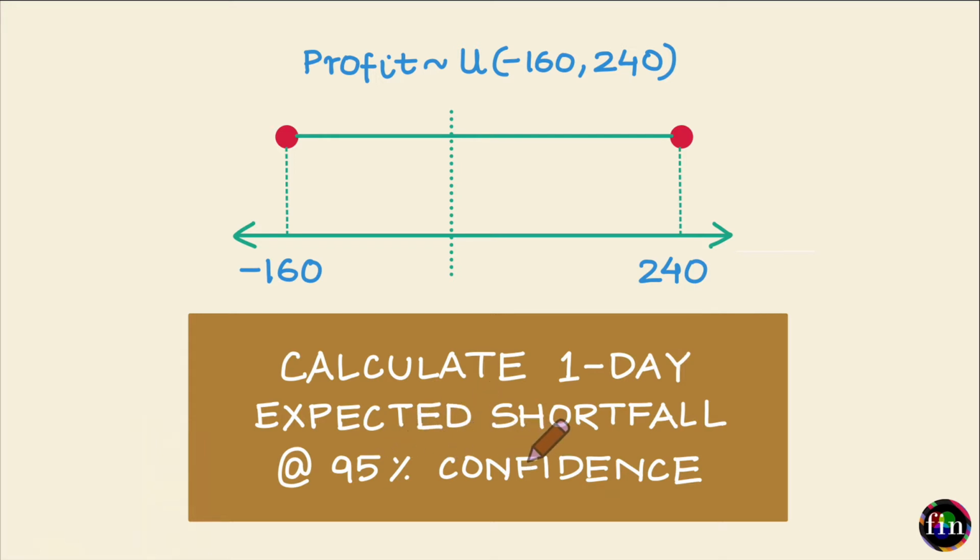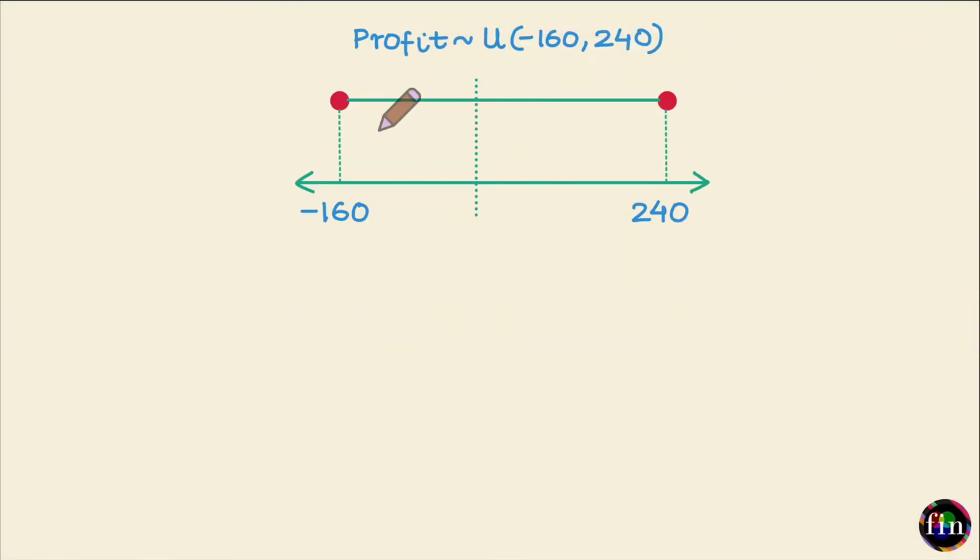Okay, let's begin. So our profit follows a uniform distribution. What's the PDF, the probability density function for our profit? Very simple. If our profit takes any value in between these endpoints, the PDF for our profit will be a constant. If profit takes on any value outside these endpoints, the PDF will be equal to 0.